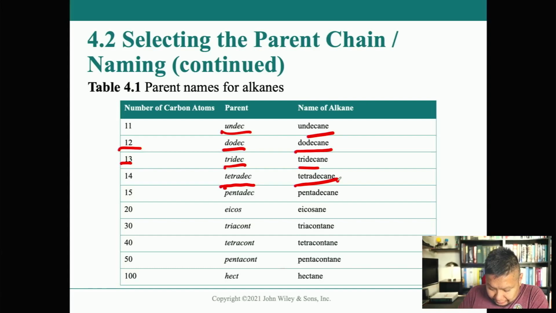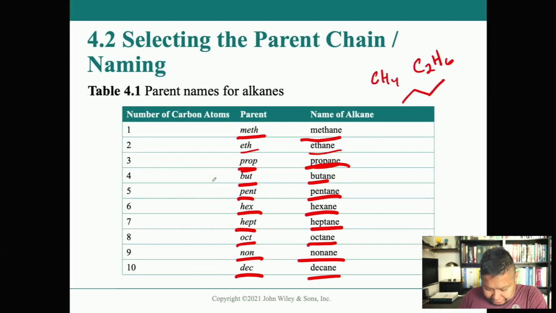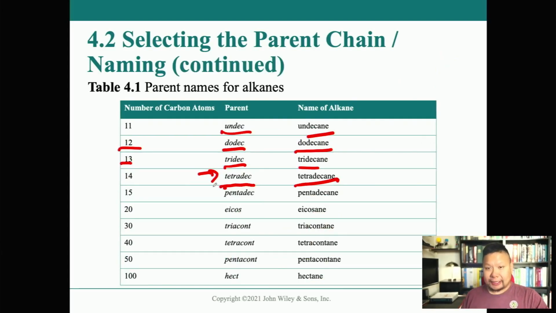Because tetra means 4 in Greek, right? But then you go over here, the previous slide, and oop, I went too far. And 4 is actually but here, right? So, you know, that's how you know it's like 2 different languages going here. Oh, organic chem, that's why they gotta be so complicated about it. Anyway, so tetradecane, 14 carbons.